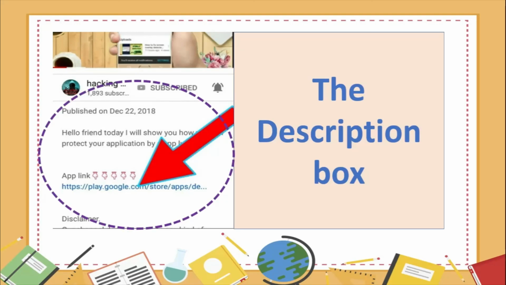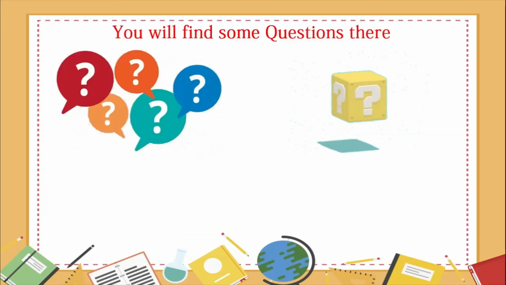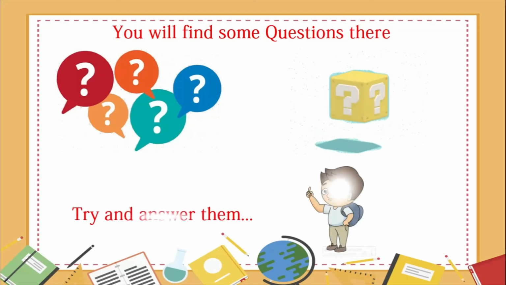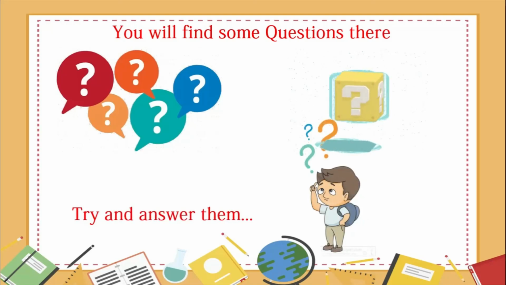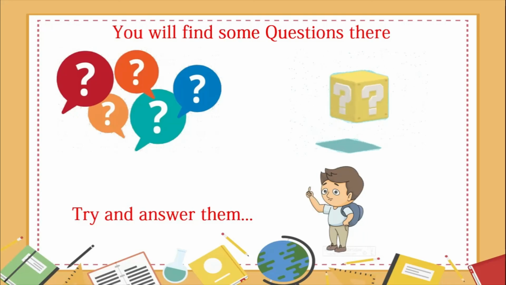After you go to the description box, you will see that there are a few questions there. These questions are about the lesson that we just learned. You will think back properly about the lesson and try to answer these questions, and note down the answers in your notebook if you want.